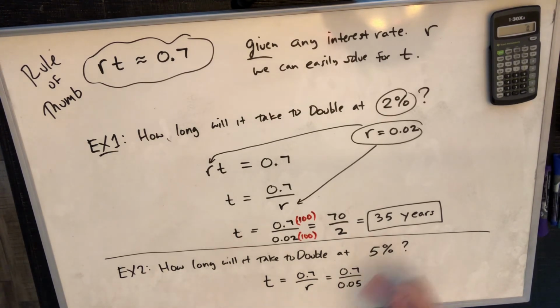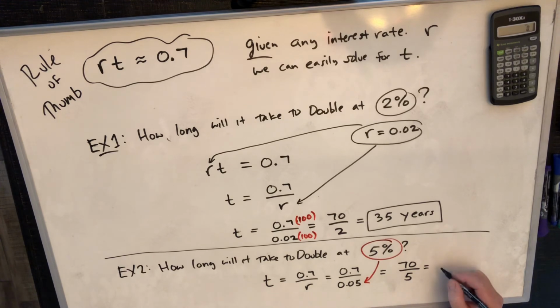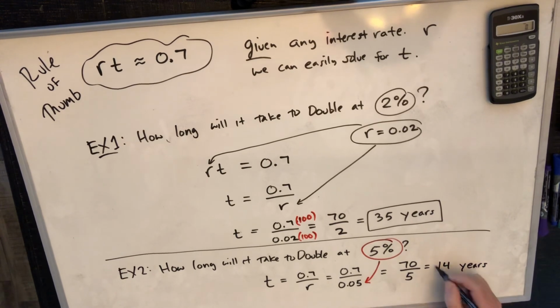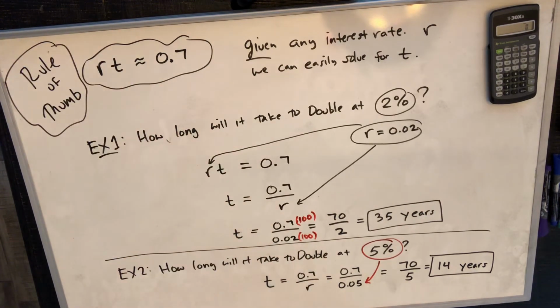That would be 5%, written as a decimal. Multiply the top and bottom by 100. You get 70 divided by 5. 70 divided by 5 is 14 years. So that is the handy-dandy rule of thumb.